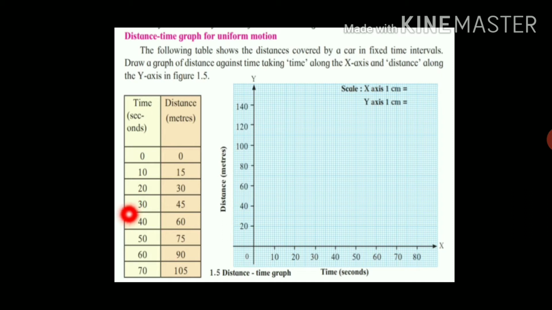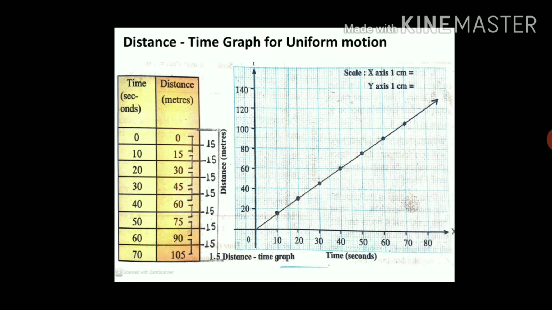In this table, if you observe, the time interval is 10 seconds. In the first 10 seconds, this car travels 15 meters. Also in the second 10 seconds it travels 15 meters, meaning every 10 seconds the car travels an equal distance of 15 meters. Now what should be the graph of these readings, distance against time?